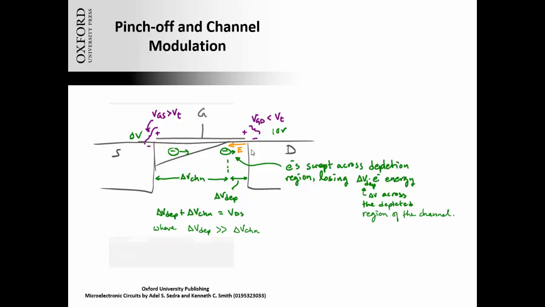So although electrons will flow in this region, it's a very dissipative process. They actually will be giving up a lot of energy, and of course this corresponds to the transistor in its saturated region behaving like a constant current source. Right, and you can put whatever voltage you want across the current source, and it will still give you the same current.